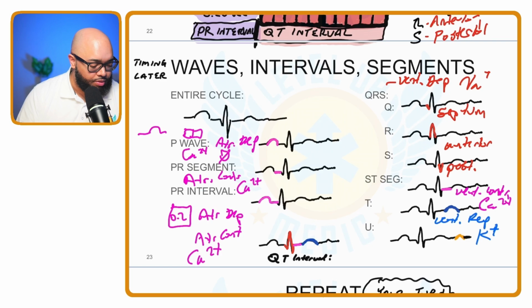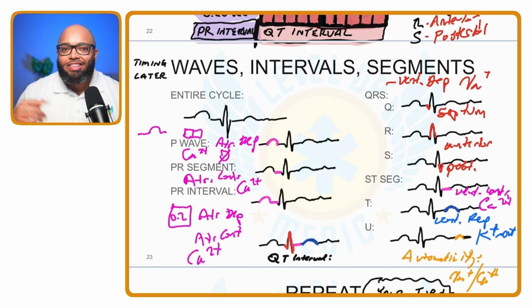Potassium leaking out. Okay? And then the U wave here is automaticity, activation of the sodium calcium exchanger. That's the entire EKG. Okay?